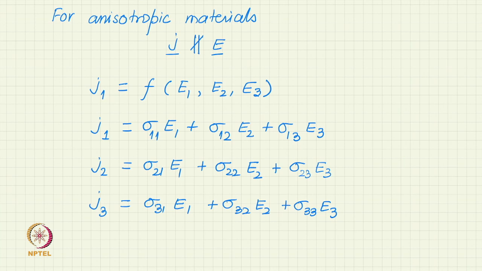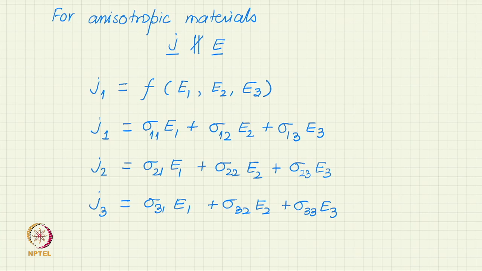So, in the linear approximation the three components of current density each depend upon the three components of the electric field, and we have these coefficients, which you can see, because J has the dimension of current density and E has dimension of electric field.